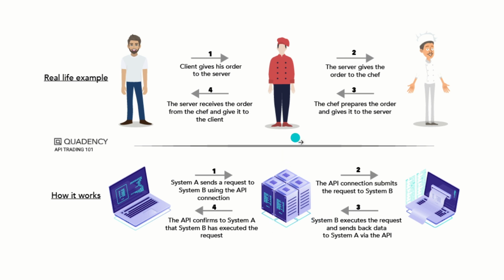Now the real life analogy to this would be when you go to a restaurant, you give the order to a waiter. The waiter will then go and pass this on to the chef. The chef will then prepare the dish, give it back to the waiter, and the waiter will serve you again. So you do not know what is happening in the back end part.